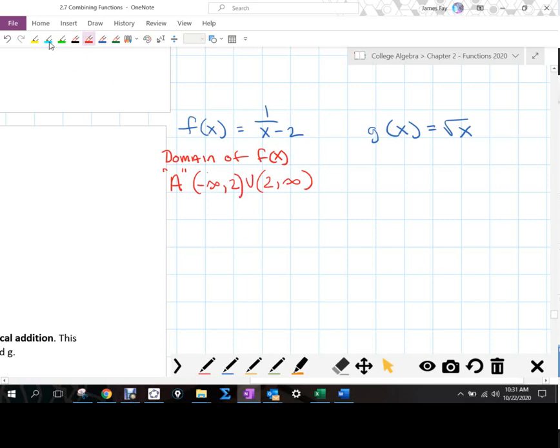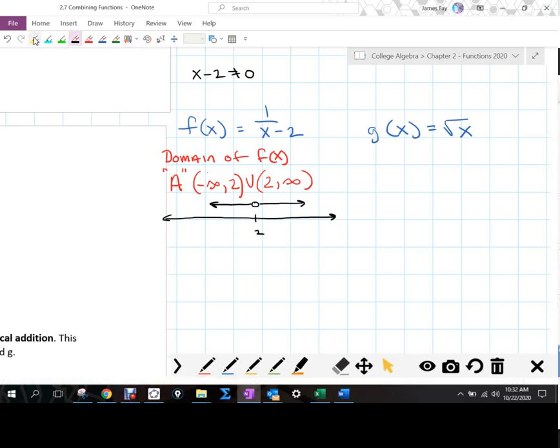And again, if we're struggling with that, it might make sense to draw our number line and think, because it's division, we basically write that little equation: x minus 2 cannot be 0, so x cannot be 2, so we put an open dot on 2, and we graph in both directions from that.